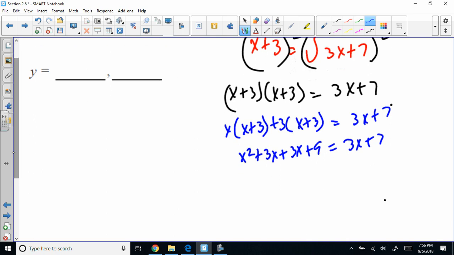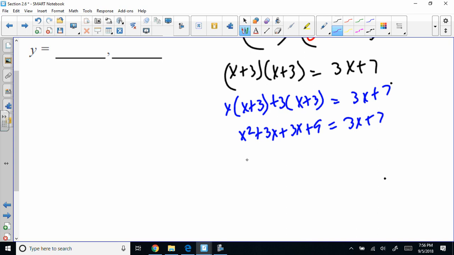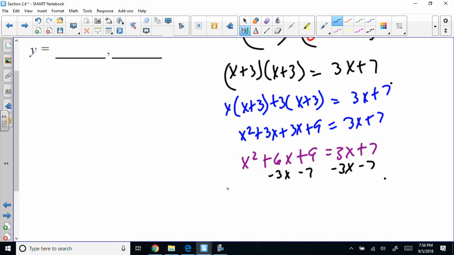I'm going to show you something. I hate to say shortcut, but it's more about understanding than anything. So x squared plus 6x plus 9 equals 3x plus 7. Then I'm just going to take all of this over at one time. So that's x squared plus 3x plus 2 equals 0.